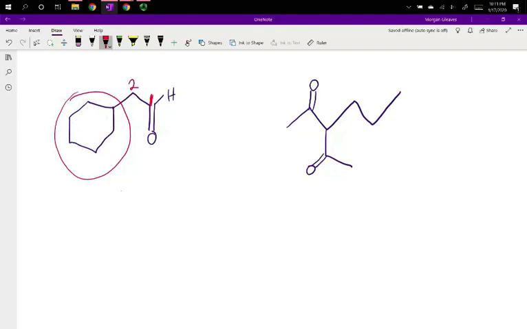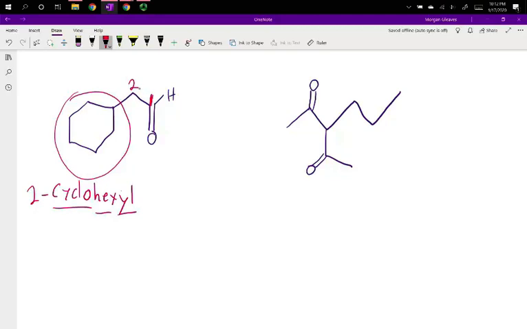It's in a ring, so it is a cyclo, and then hex for 6 and yl for subgroup. So cyclohexyl. And it's at the 2 position, where it's attached. So you can actually have ring systems be subgroups. And that's what we're saying here.